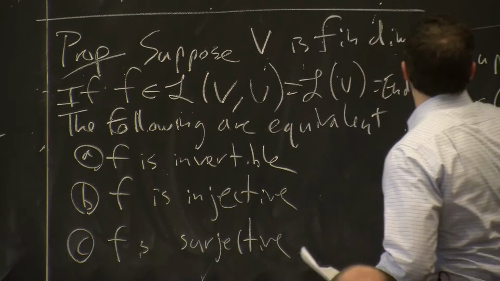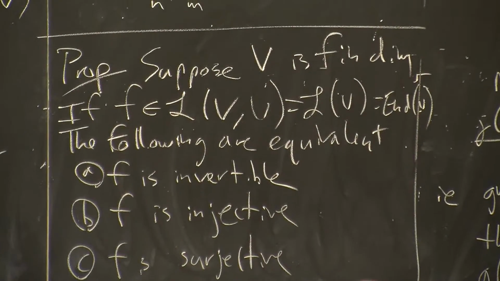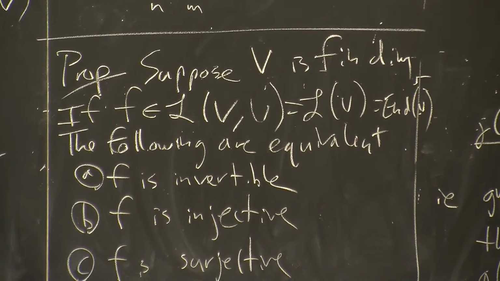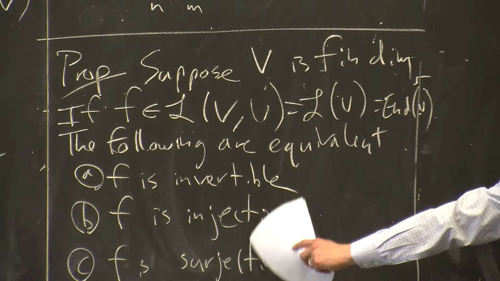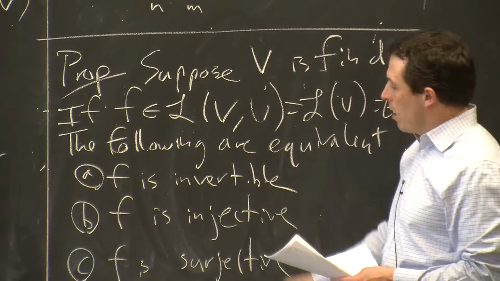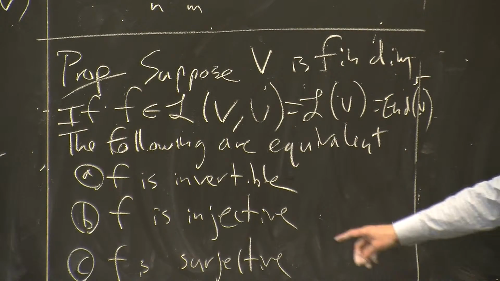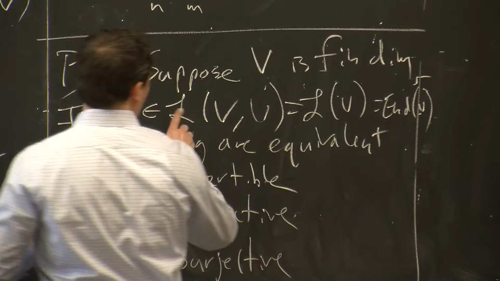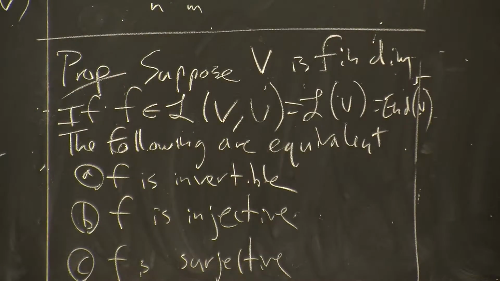So what's surprising in a sense about this proposition is that only one of these conditions is necessary for invertibility. The theorem we just proved was that both conditions, injective and surjective, together are equivalent to invertible. But in fact, you only need one of these in the case of linear transformations from a vector space to itself.